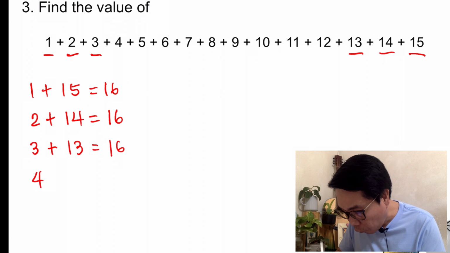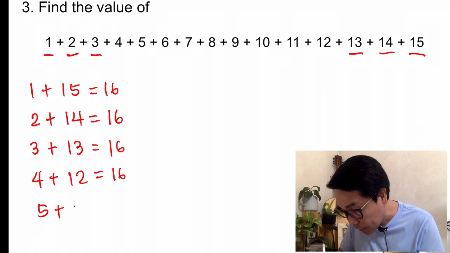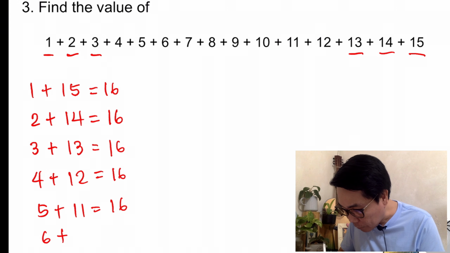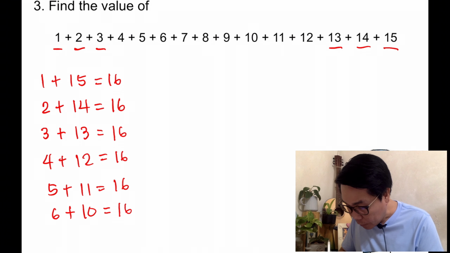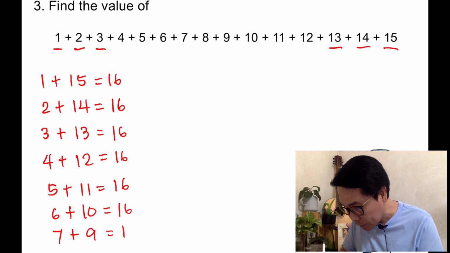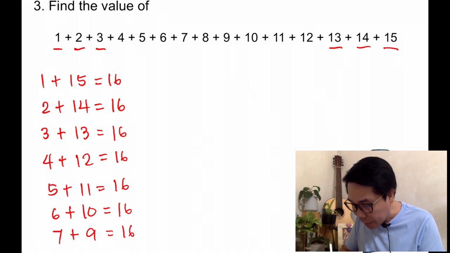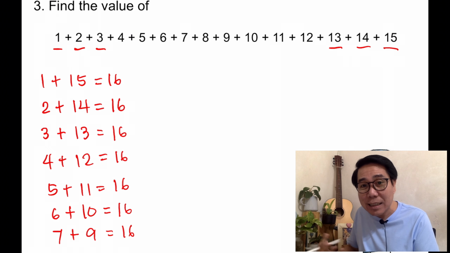Then 4 plus 12 equals 16. Then 5 plus 11 equals 16. Then 6 plus 10 equals 16. Then 7 plus 9 equals 16. Now we have 8, which doesn't have a partner.